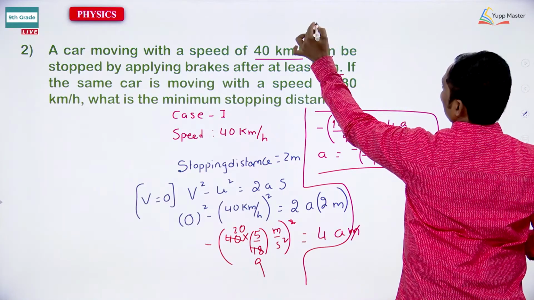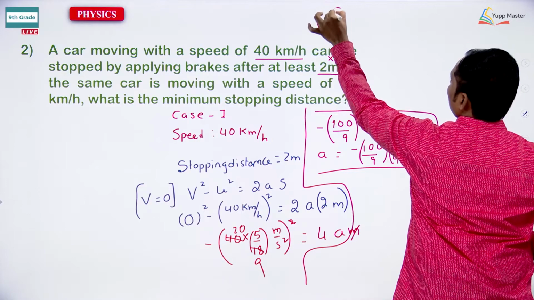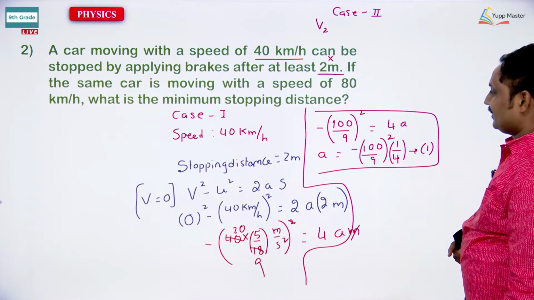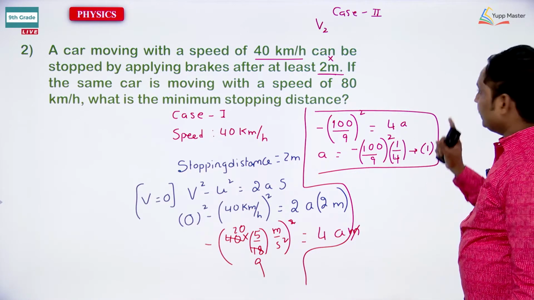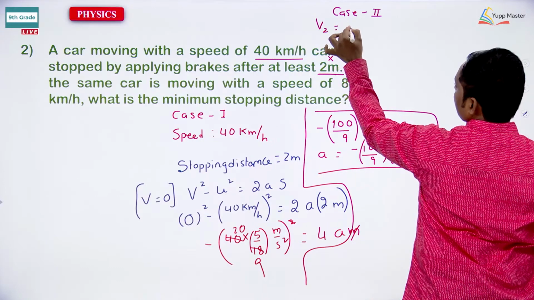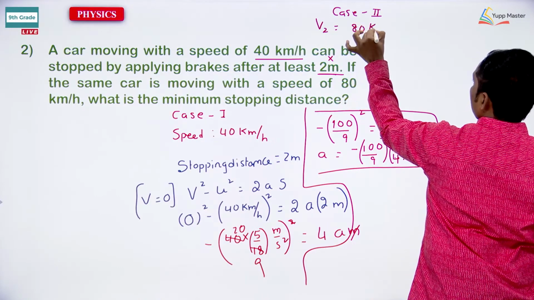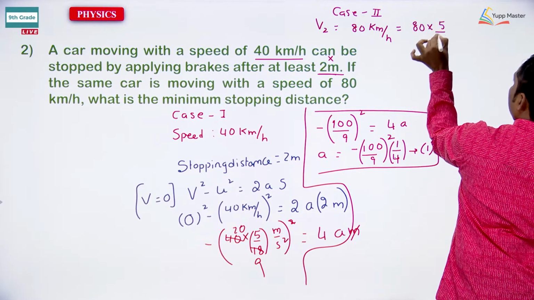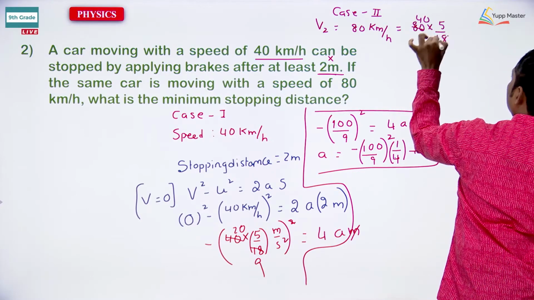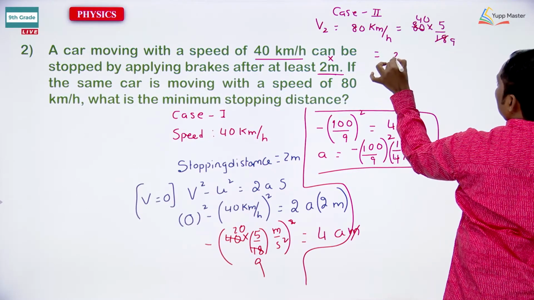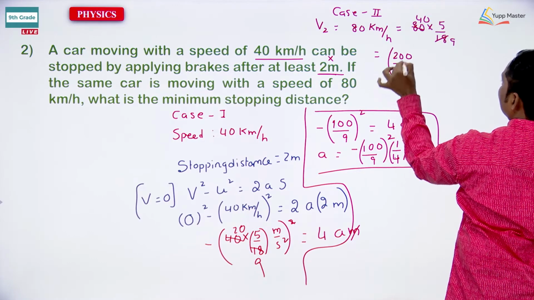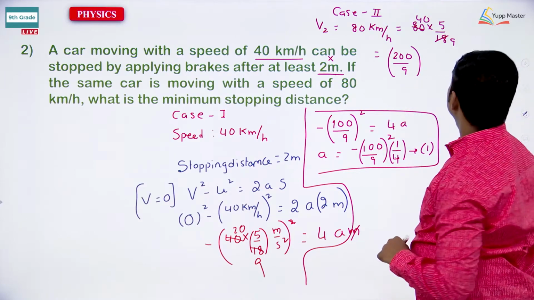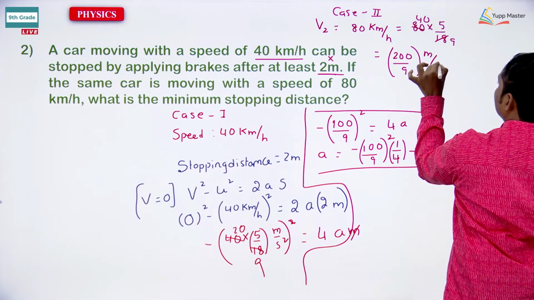That is, V2 is equal to, we have to take case 2, it is moving with 80 kilometer per hour, that is equal to 80 into 5 by 18, that is 200 by 9 meter per second.